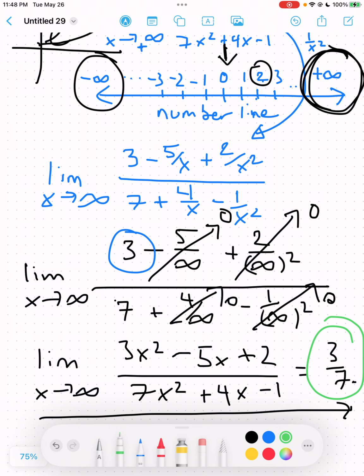Well, that could be in a different video, but L'Hopital's rule is to take the derivative of both the top and the bottom. And actually, the answer is the same anyway. We have 3/7, or 3/7. So that's the answer.